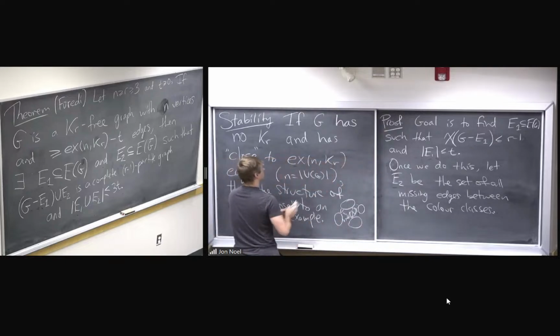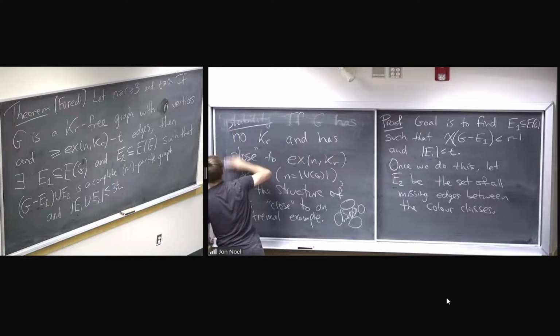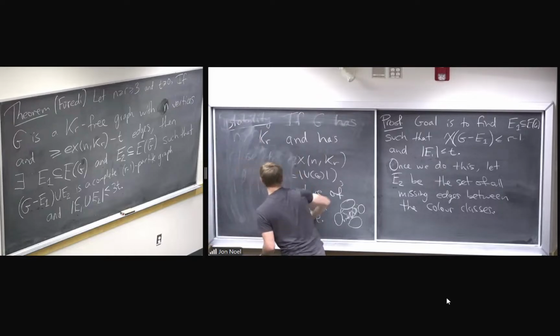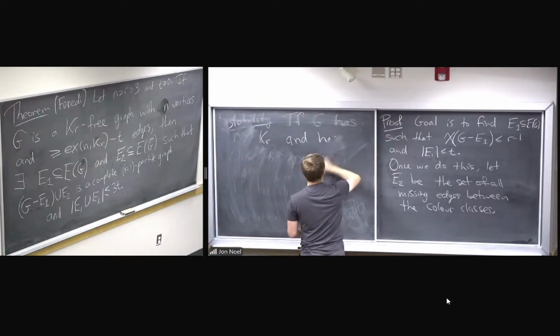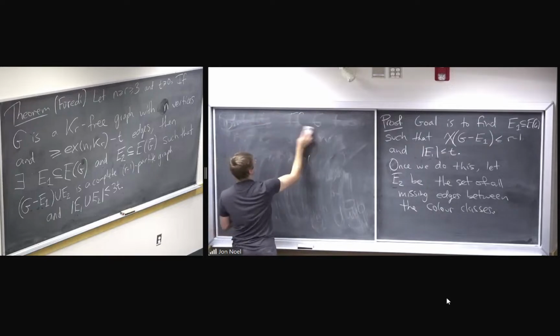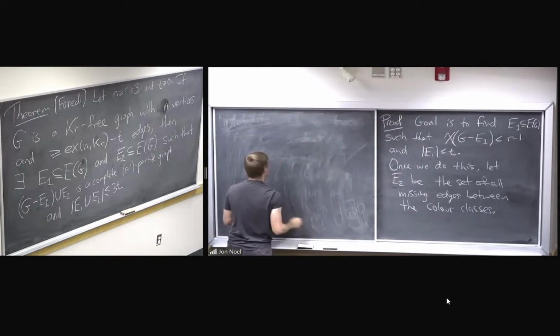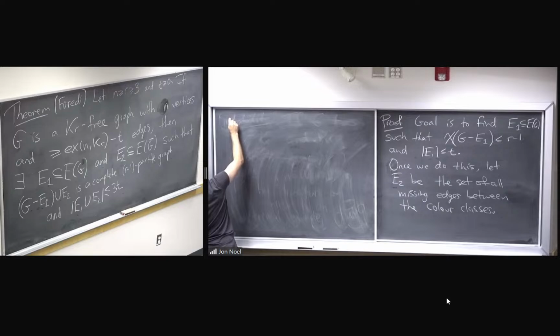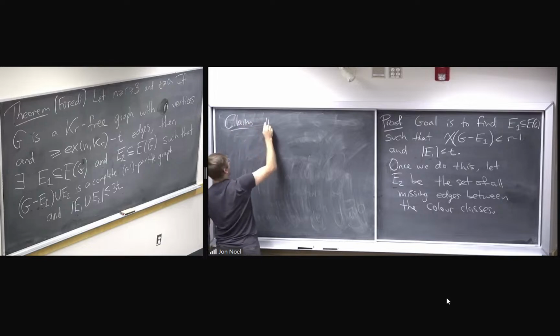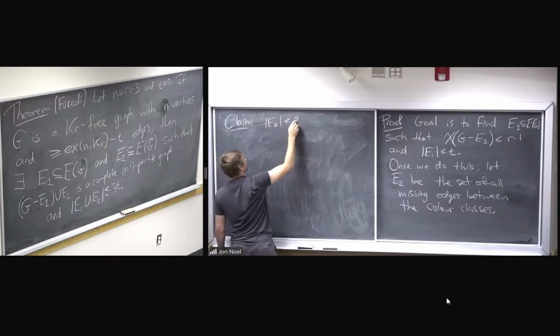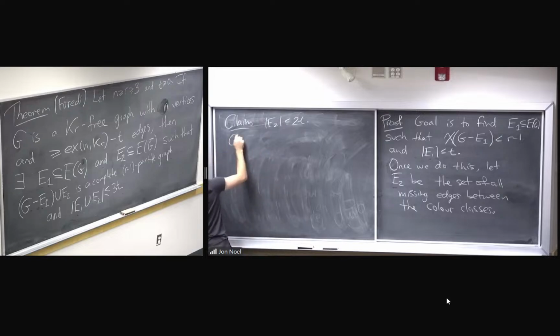So just to formalize that, my claim is that the size of E2 will be at most 2t. Here's the proof.